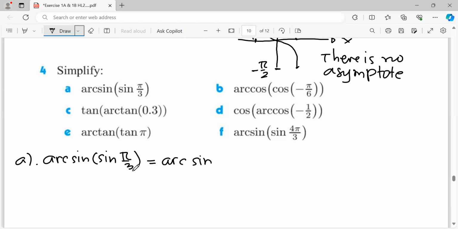Calculate on the calculator: sine pi third is root 3 half. Then sine power -1 of root 3 half. It is pi third.